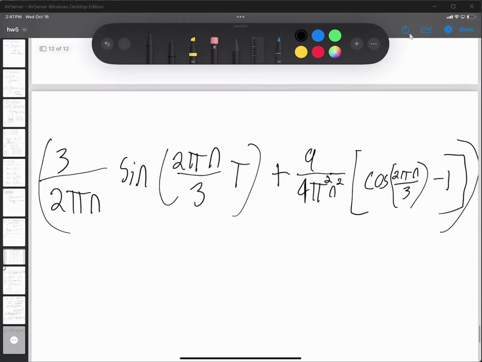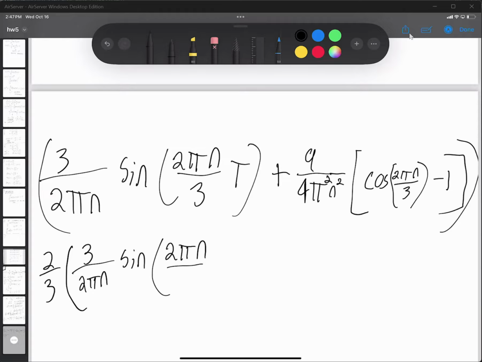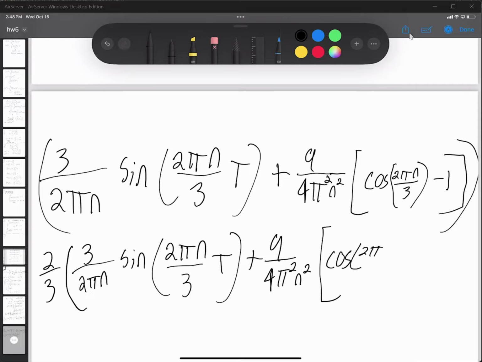Well, it's all multiplied by 2/3. I don't want to rewrite it, but I will. Okay. Well, this would be equal to a of n.